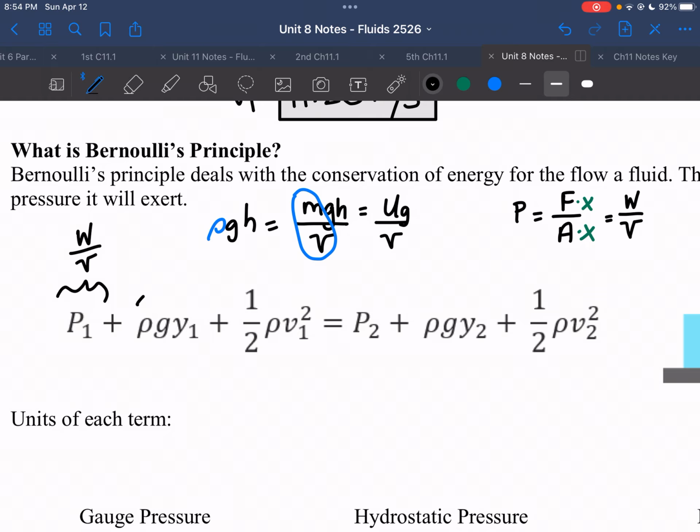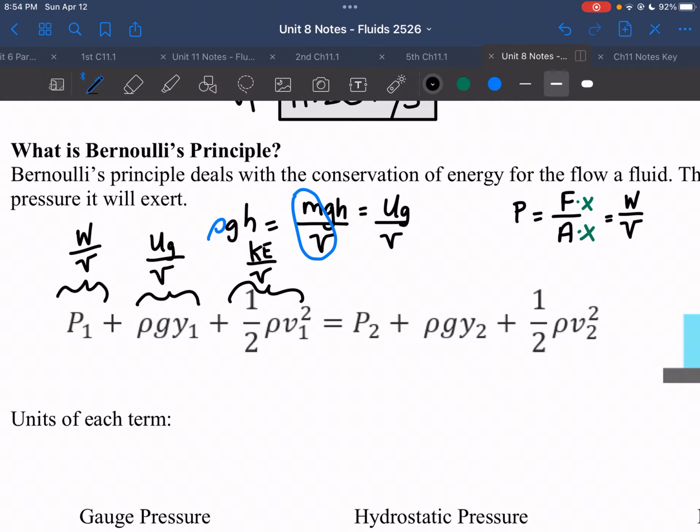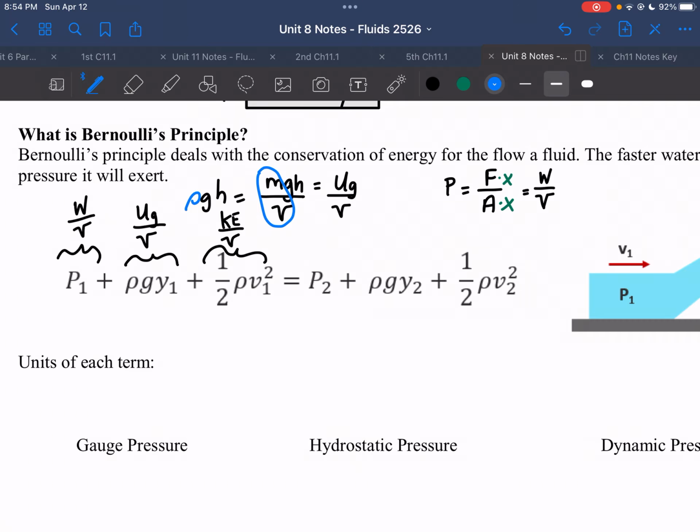So this second part is really your gravitational energy divided by the volume. And if you do the exact same thing with this guy, again, density is really just mass divided by volume. So we have 1/2 mv squared, which is our kinetic energy. So we have kinetic energy divided by the volume. So this is really your conservation of energy equation because, again, density is mass over volume.